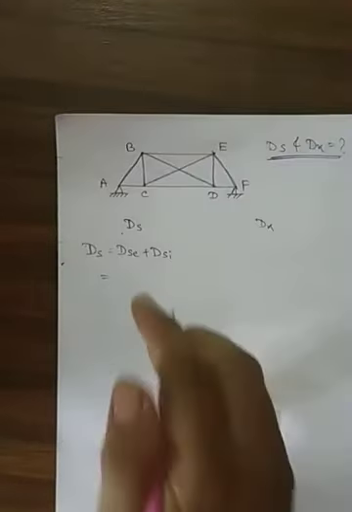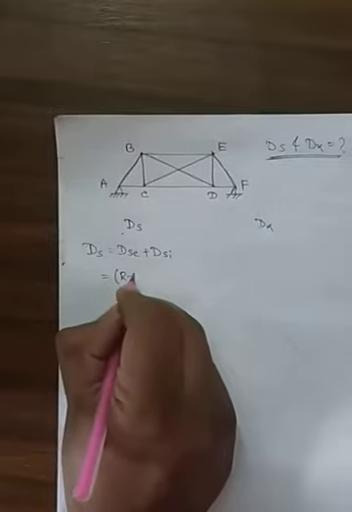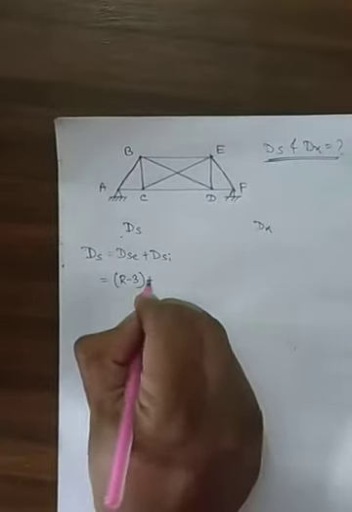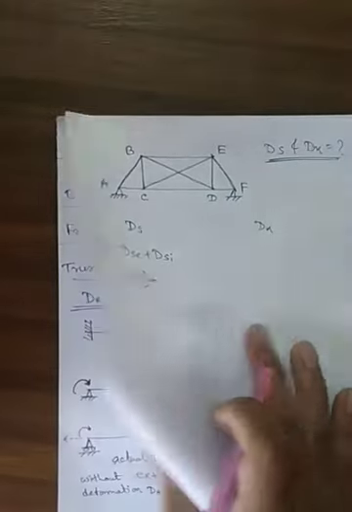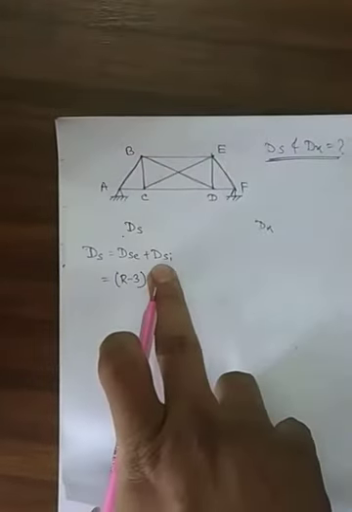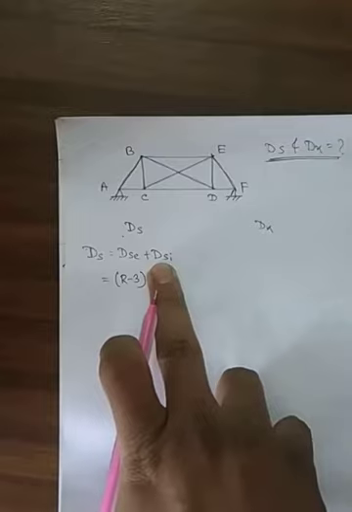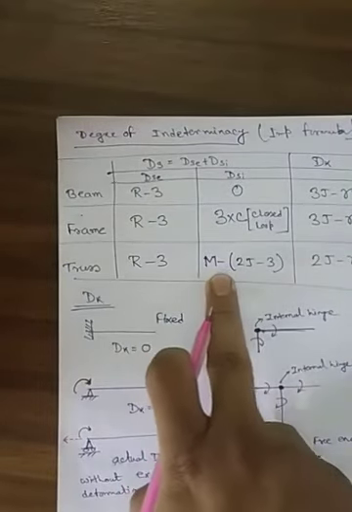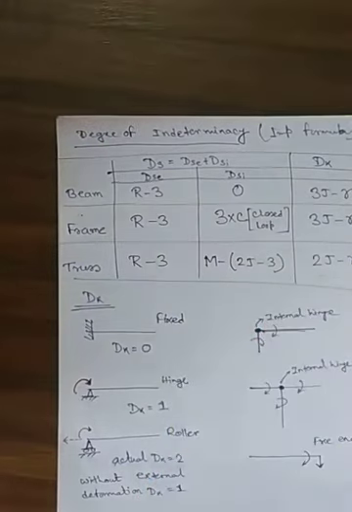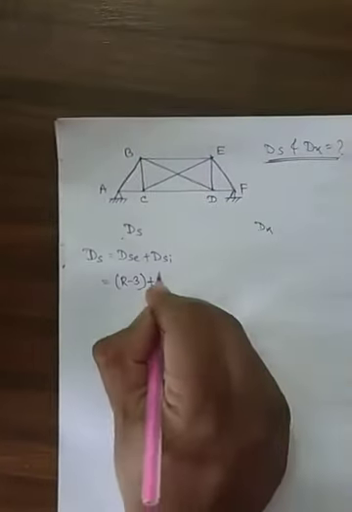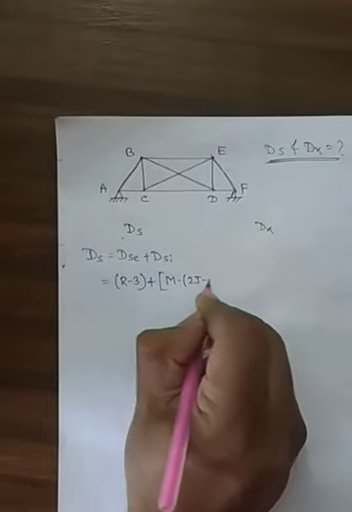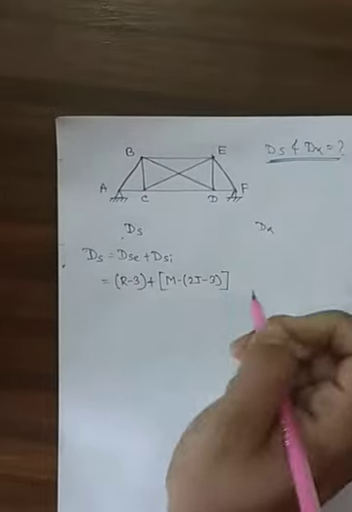Same. So r minus 3. Okay. Plus DSI. Now look, in case of DSI for truss, the formula is m minus 2j minus 3. So at first write it down, m minus 2j minus 3. Okay.